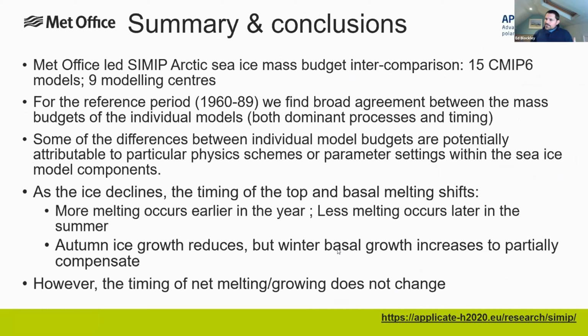There are some granularity differences between the models, and some of these can be attributed to differences in the physical schemes and parameter settings in the models themselves, but not all of them. As the ice declines, the timing of the top and the basal melting shifts, largely as one would expect, but we don't see any difference in the length of the melting and growing season, if you like.